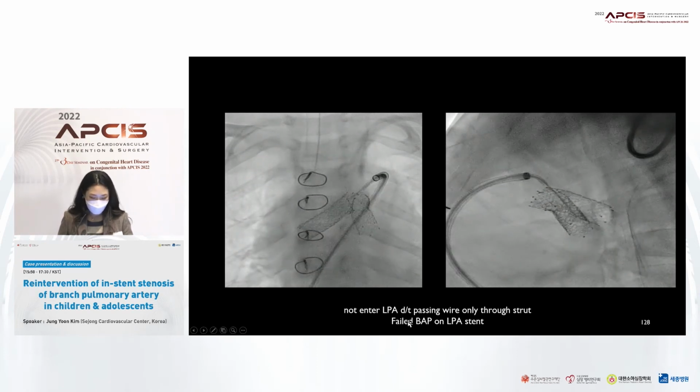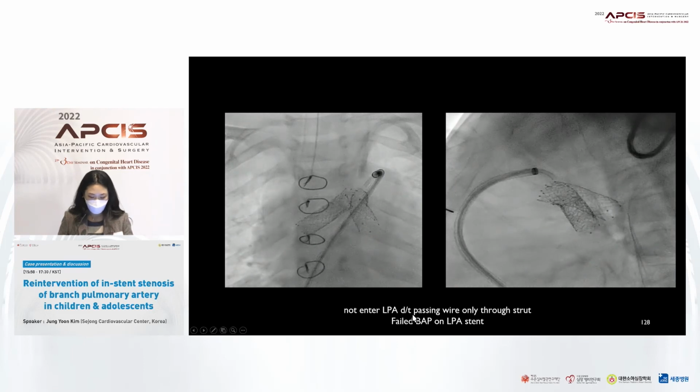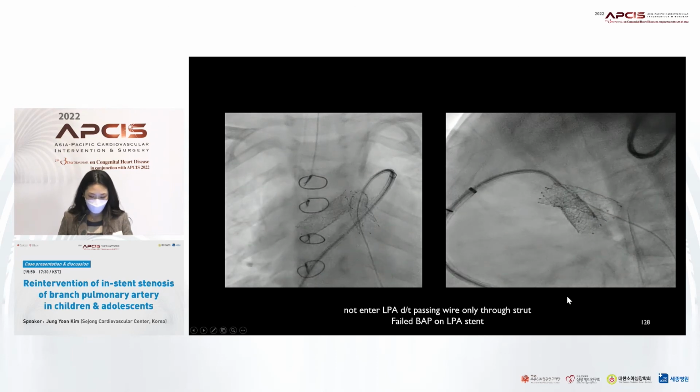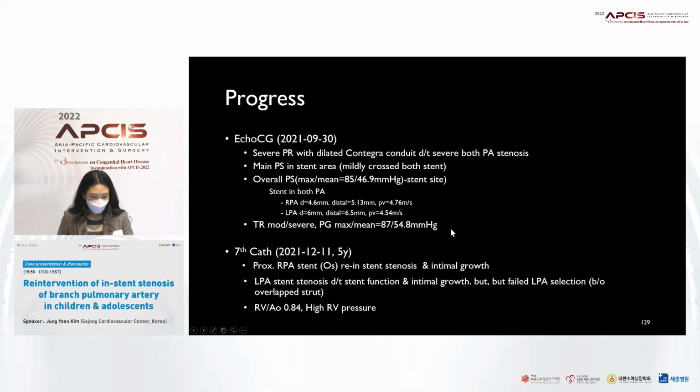We could not enter the LPA stent; the wire passed only through the strut. So the LPA stent angioplasty failed. There was more progressive and more severe PR because of severe stenosis of both PAs, and the RPA and LPA stenosis was aggravated.